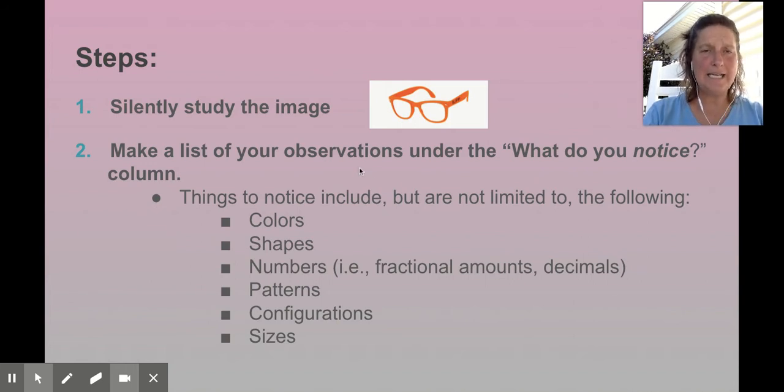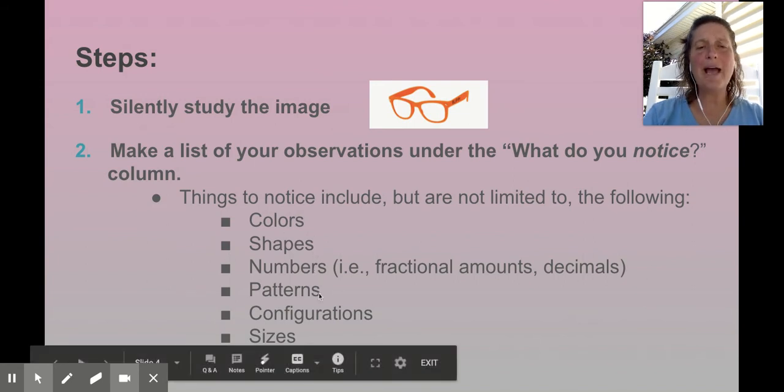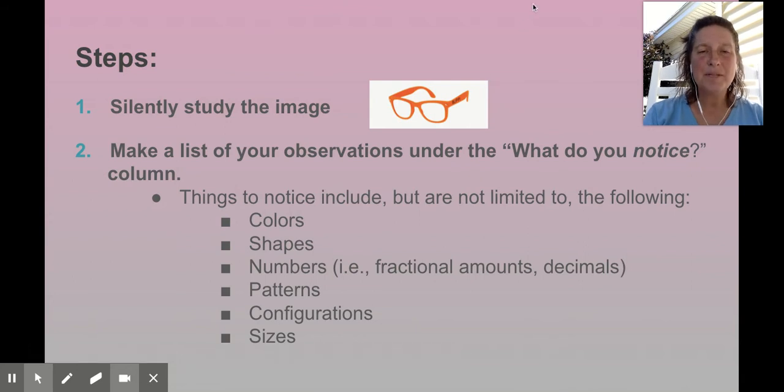The second step is making your list of observations. Again, you can use a T-chart, you can use half the page, whatever organizational strategy you want to use. When you're doing I notice that, you can use colors, shapes, numbers, patterns, configurations, sizes, whatever comes to mind.